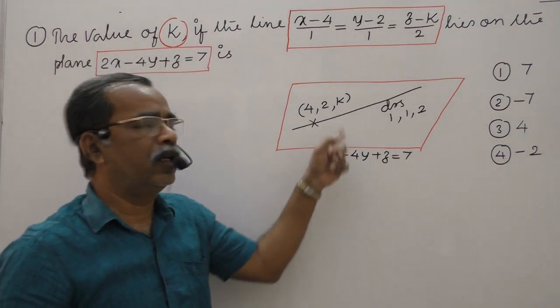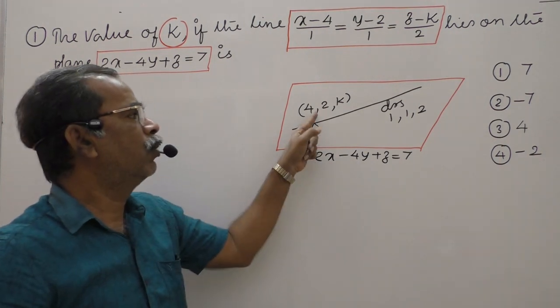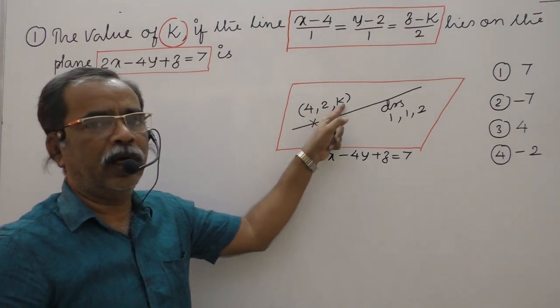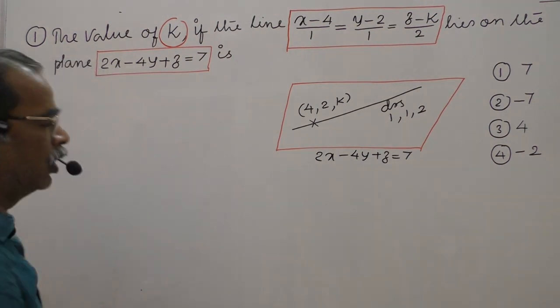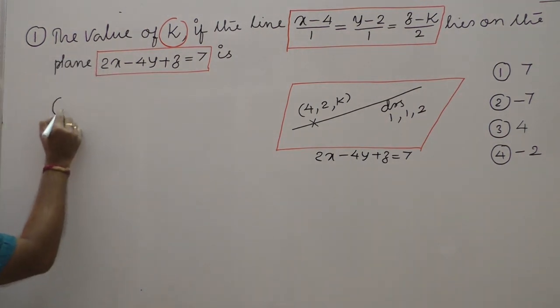The line lies on the plane means the point 4, 2, k also lies on the plane.